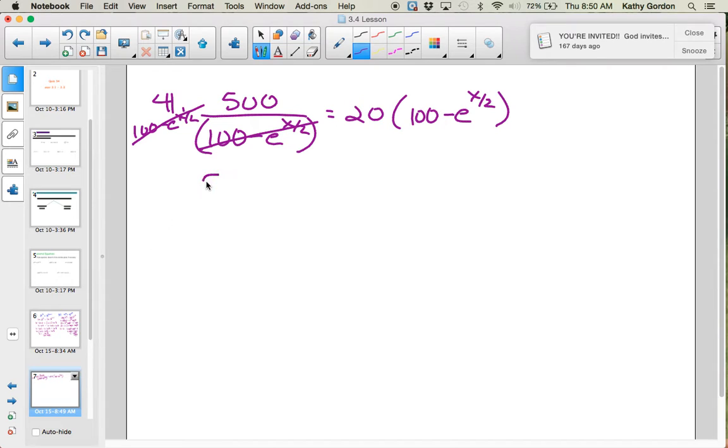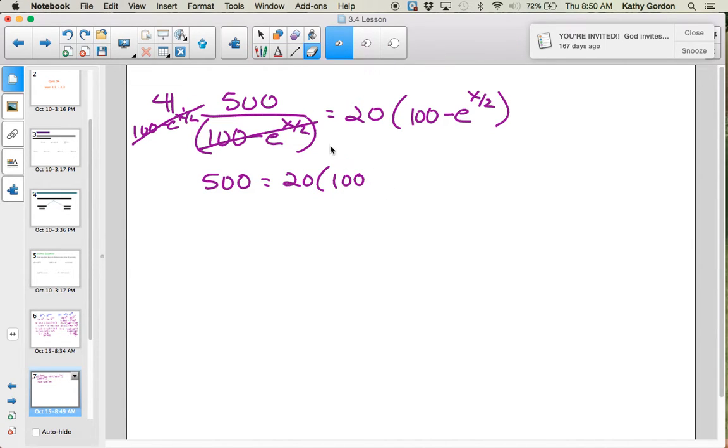So now I've got 500 equal to 20 times 100 minus e to the x minus 2. By what? You can divide both sides by 20. If we keep it in the factored form like this, because of the numbers we have here, we can actually divide by 20.